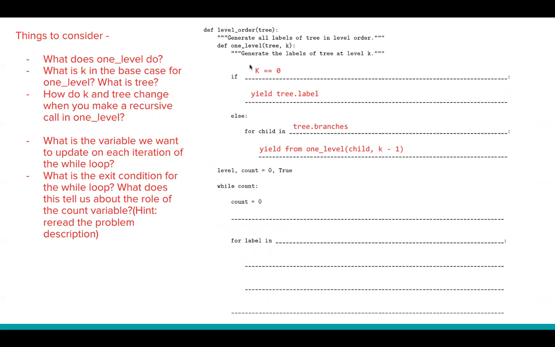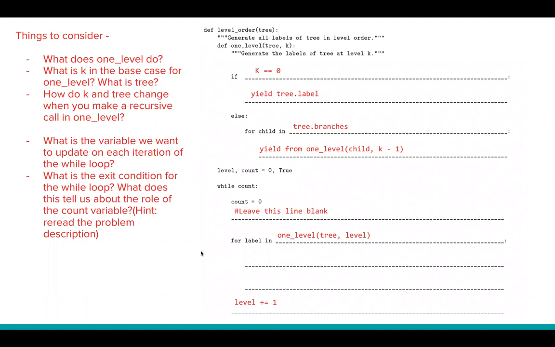But now how can you implement this in terms of the level order function? First things first, note the level is equal to 0 initially, so you're starting at the top, and count is equal to True, meaning that the while count loop is going to work. This line is left blank. This is the line I was talking about that you don't necessarily need. But then the important part is the for label.